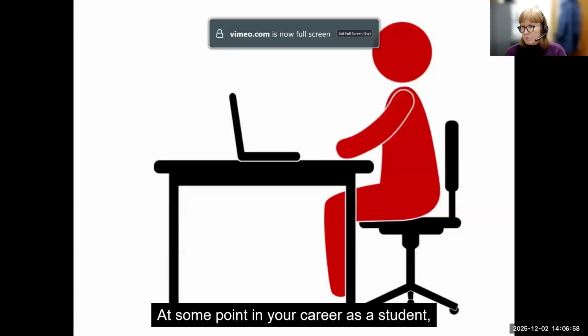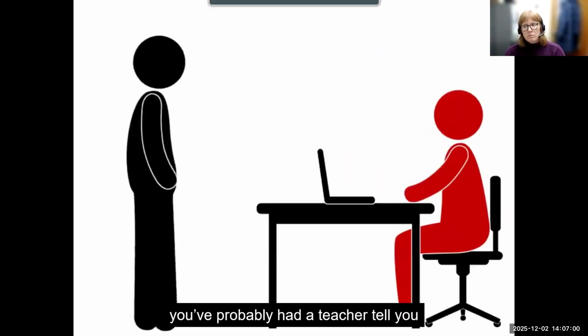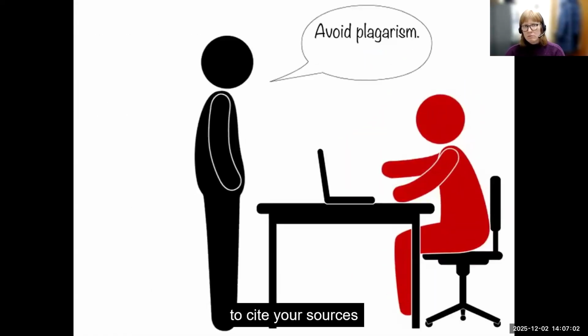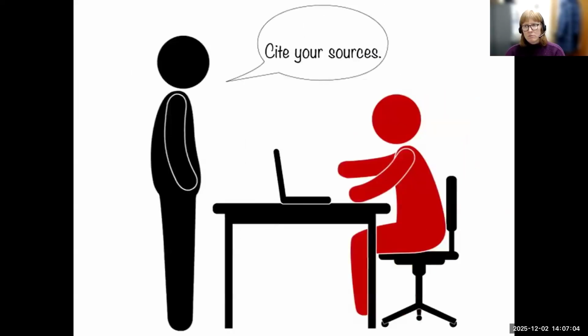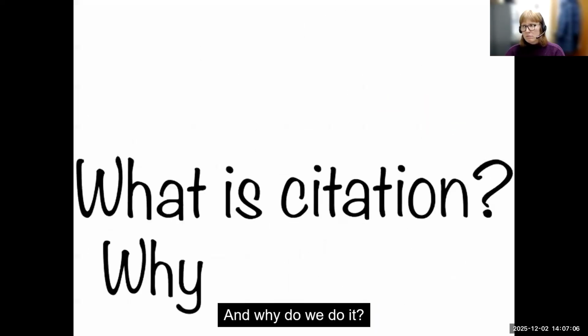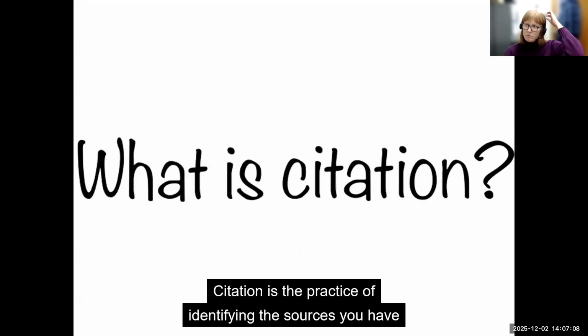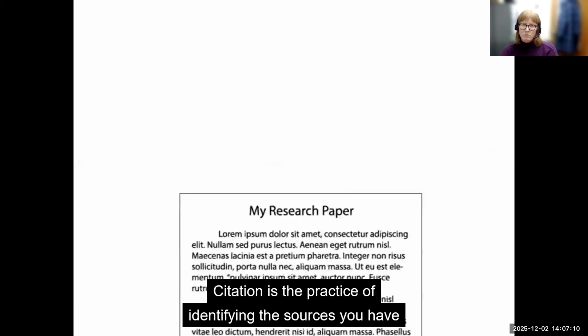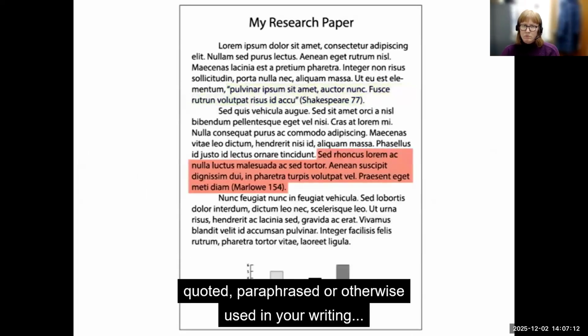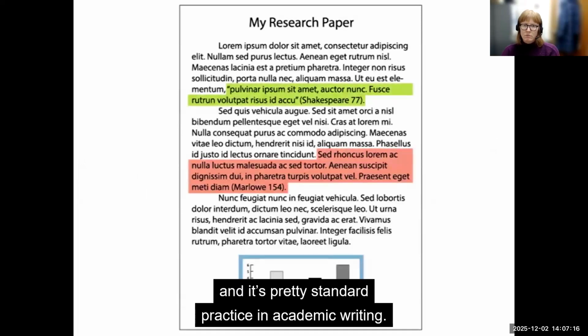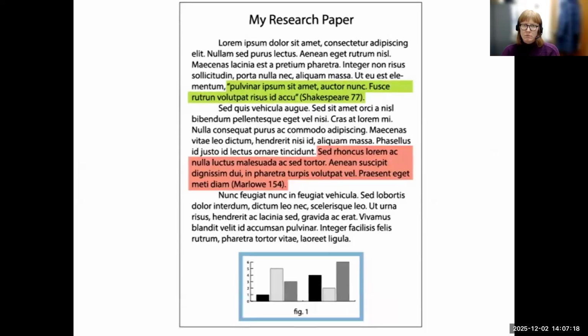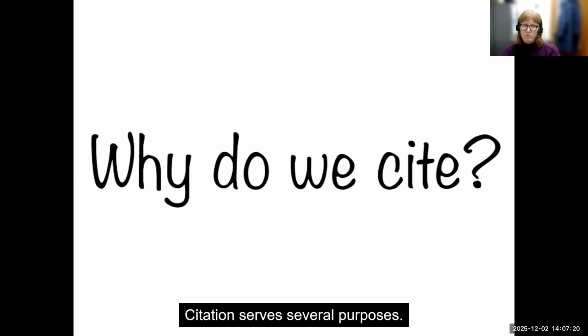At some point in your career as a student, you've probably had a teacher tell you to cite your sources while writing a research paper. But what is a citation, and why do we do it? Citation is the practice of identifying the sources you have quoted, paraphrased, or otherwise used in your writing, and it's pretty standard practice in academic writing. Citation serves several purposes.